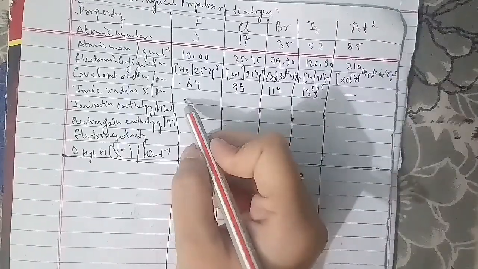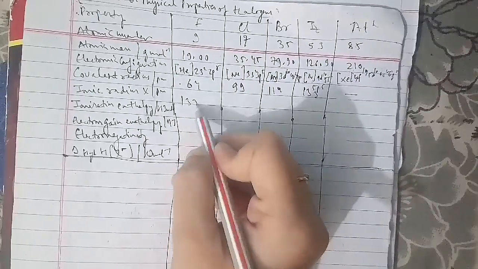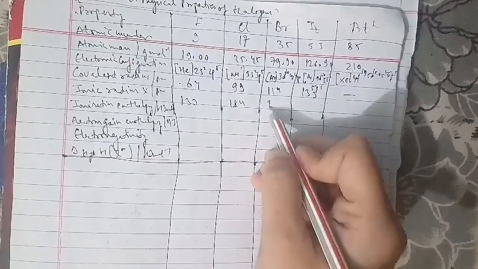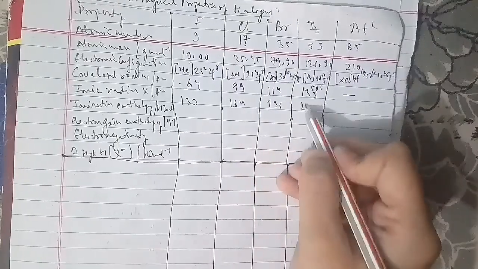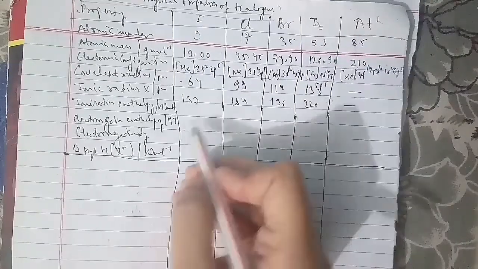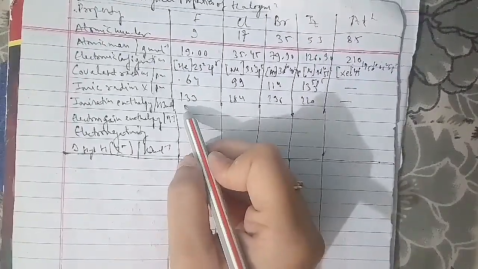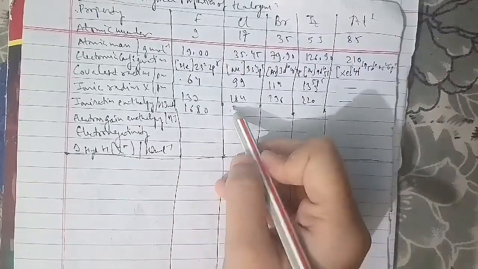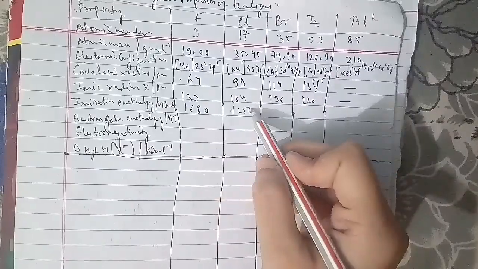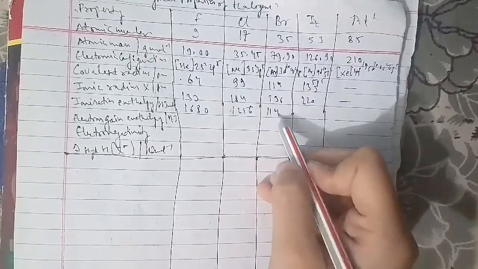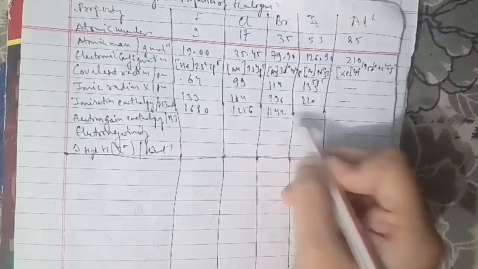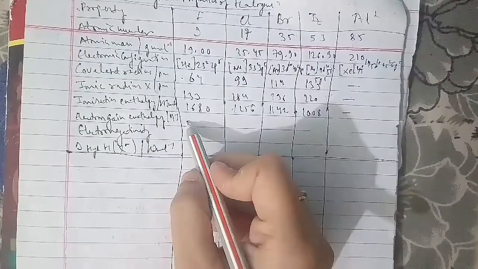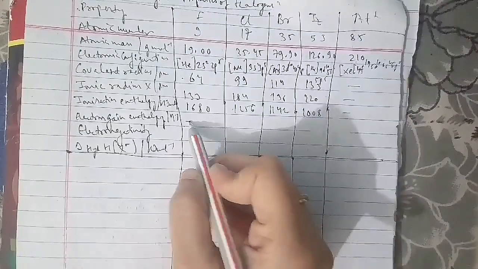For the ionization enthalpy, we have 1680 and 1256, then 1142 and 1008, dash. For the electron gain enthalpy, it is minus 333, minus 349, minus 325, minus 296, and dash.